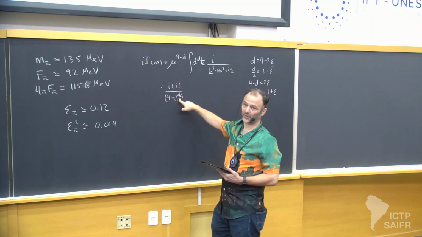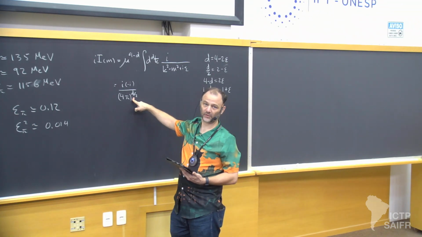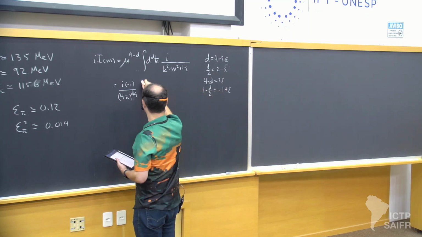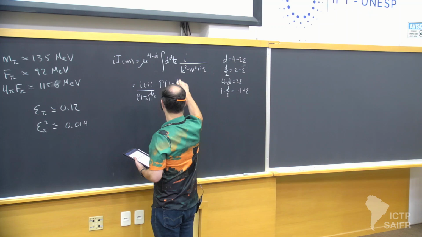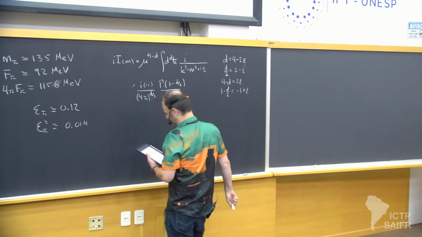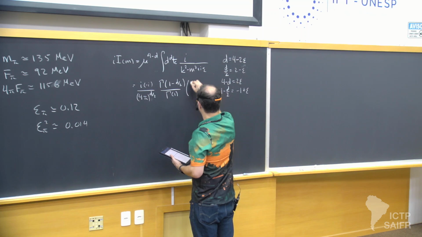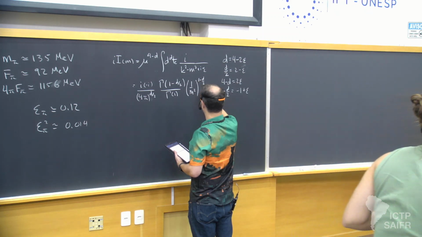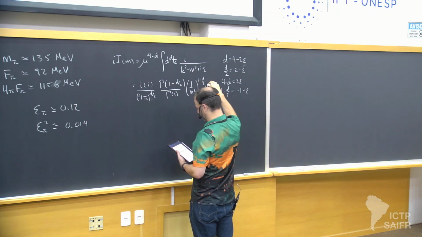I'm not going to derive this for you because you can go check this out in most quantum field theory books, how to actually get this formula. I'm just going to walk through manipulating it after it's obtained. And then I have 1 over m squared. And then I have finally the mu to the 2 epsilon.